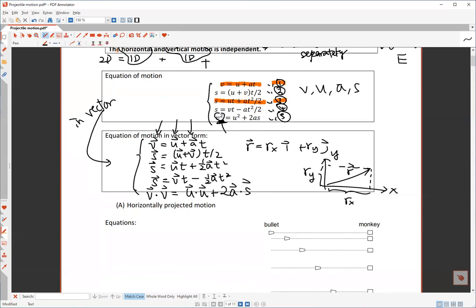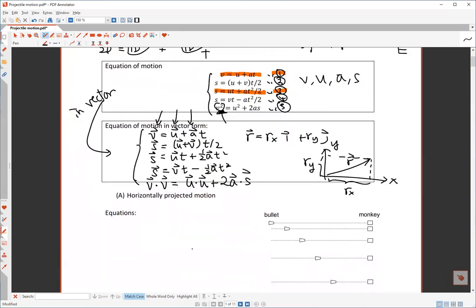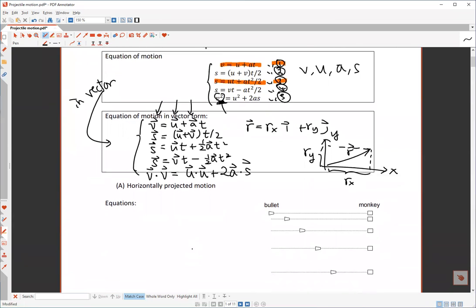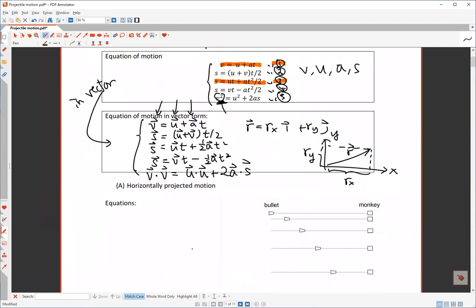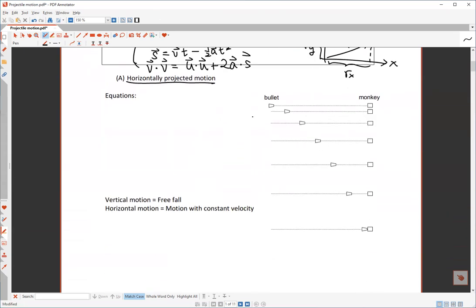So let's have a look at the first kind of projectile motion: projected horizontally. What does it mean? It means that the initial velocity is horizontal. It will simplify the case a lot.